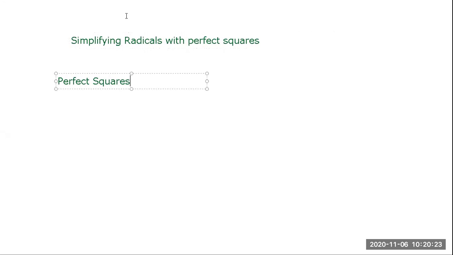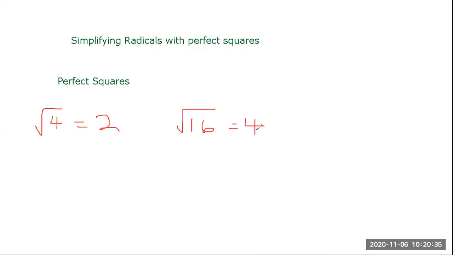So the square root of 4 is 2. That's a perfect square. The square root of 16 is 4. The square root of 25 is 5. The square root of 36 is 6.